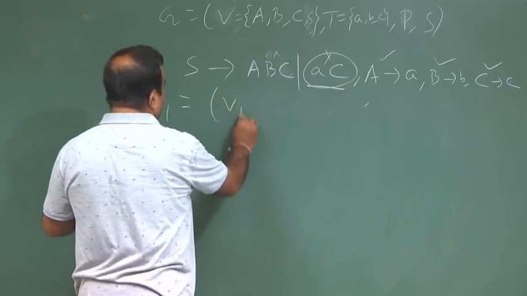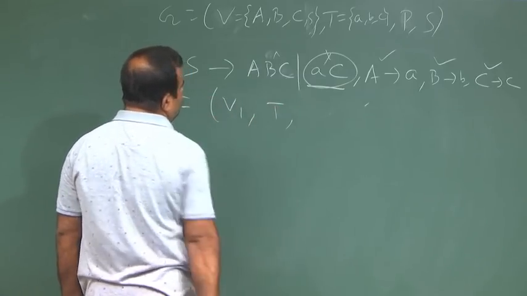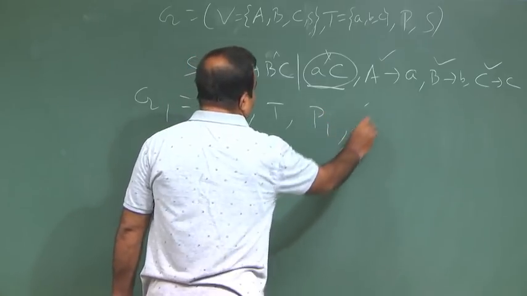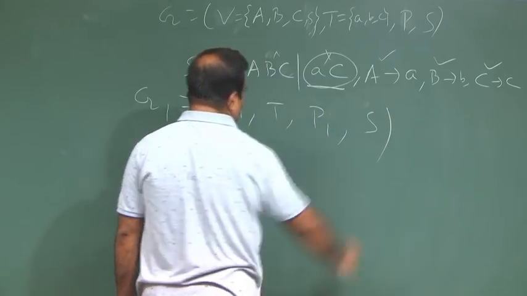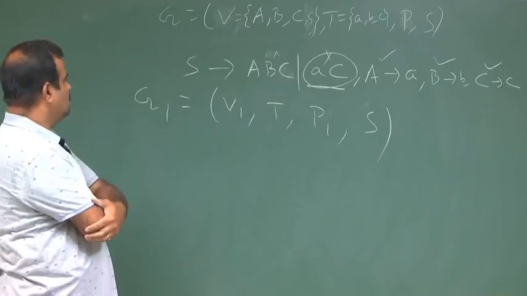G1 has V1, T will be same, P1, and S will be same. We are not changing the S.